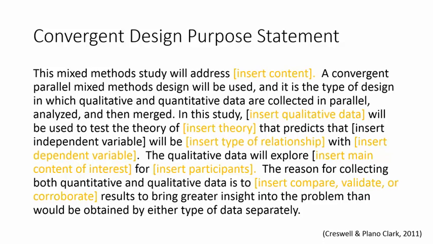I'm going to describe the design. So this particular design will be used, and we're collecting data at the same time. So here we're going to look at some experience or some views toward violent crime, and I'm going to use this to test a theory or something along those lines, right? And then I'm going to look at the qualitative data.